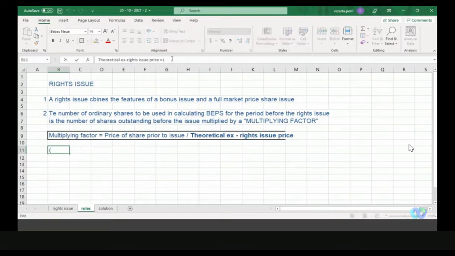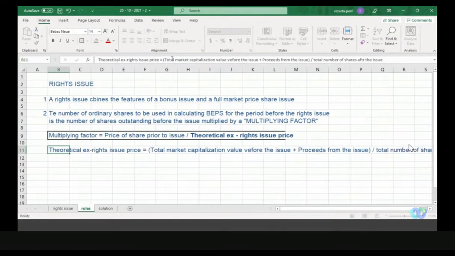Therefore, we calculate the theoretical ex-rights issue price as the ratio between how much money we have after issuing these rights, that is, the total market capitalization value before the issue plus the proceeds from the issue of rights, divided by the total number of shares after the issue.